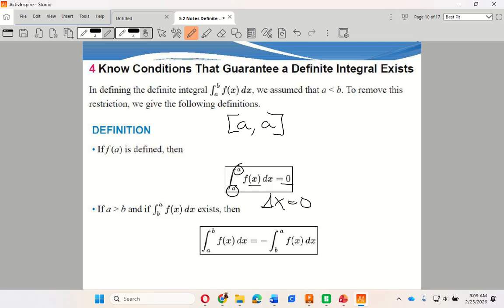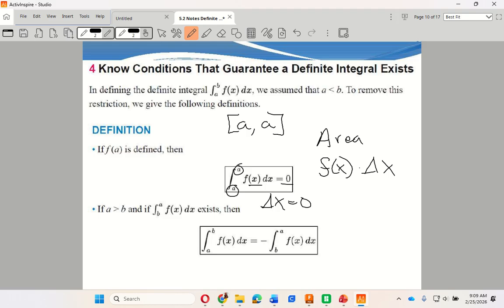So no matter what my function is, because my area is going to be my f of x times my delta x, right? And that's what we've been doing. But if it's A to A, I should always get 0. And I will show you with an example here in a moment with the reasoning for those.